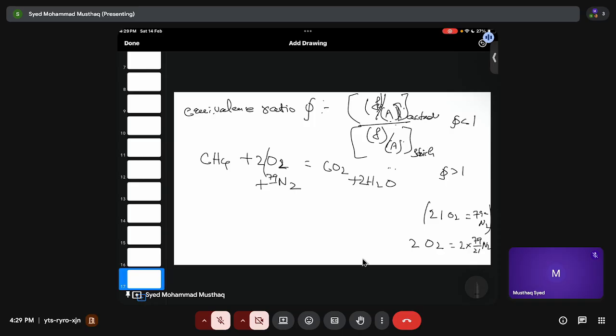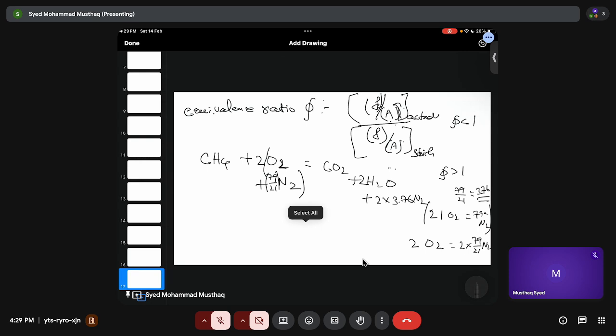Then 79 by 21 will give me the equivalence of nitrogen that should be present, times 2 will give me the amount of nitrogen that should be present with oxygen in air of a composition of 21:79. So yeah, please remember this value, it will be used in many problems. So 79 divided by 21, let me calculate. 79 divided by 21 equals 3.76. Okay. So 2 into 3.76 moles of nitrogen is required, right?